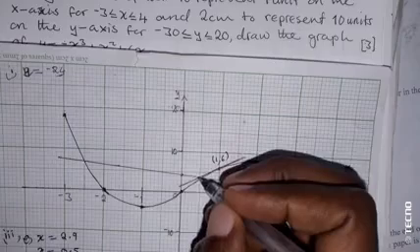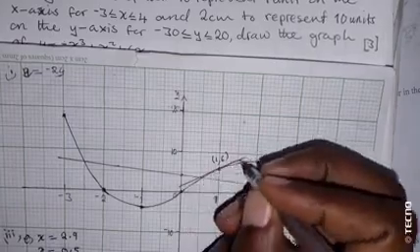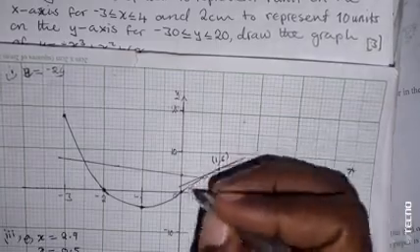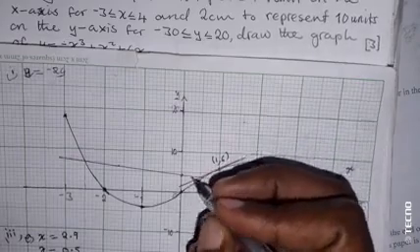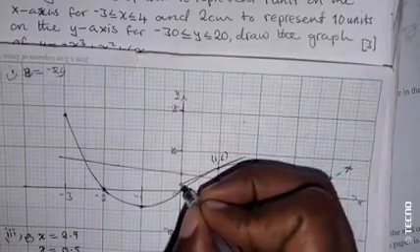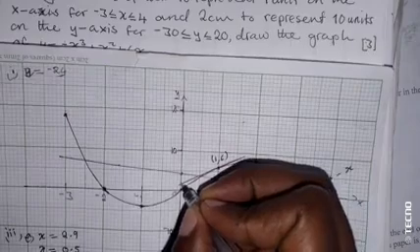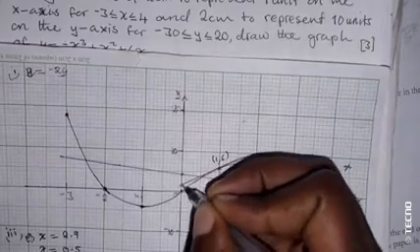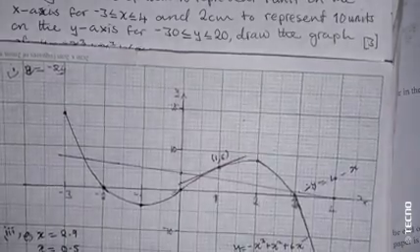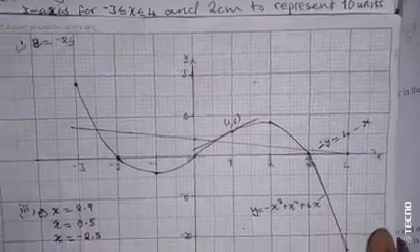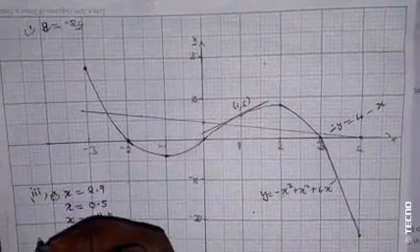The other point you can pick anywhere along the tangent line. So I've picked 1,6, and then the other one I'll pick from this side, where I'll say it's 0,2.